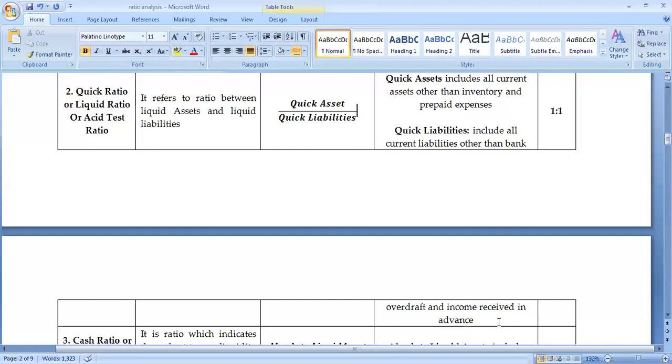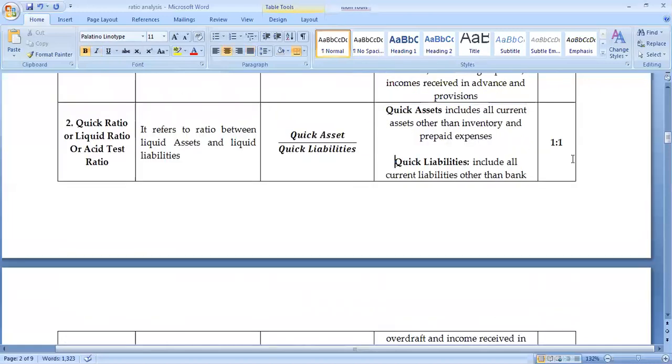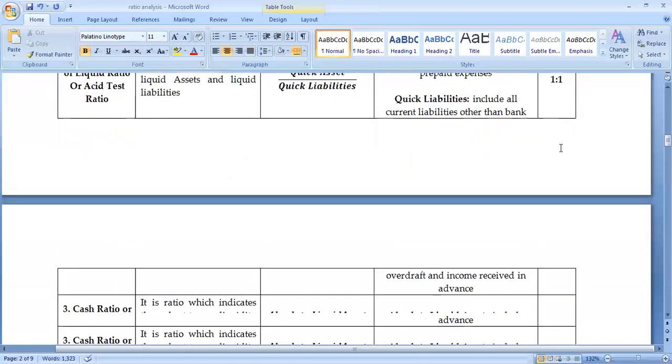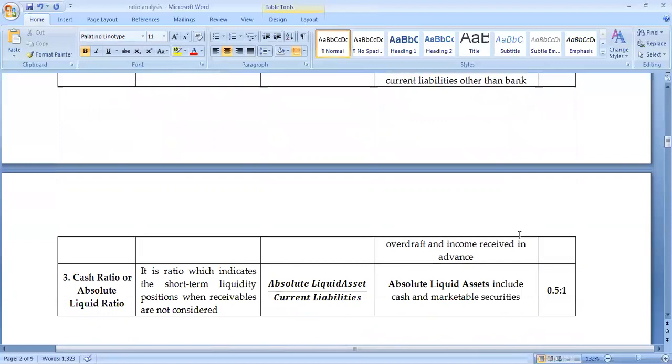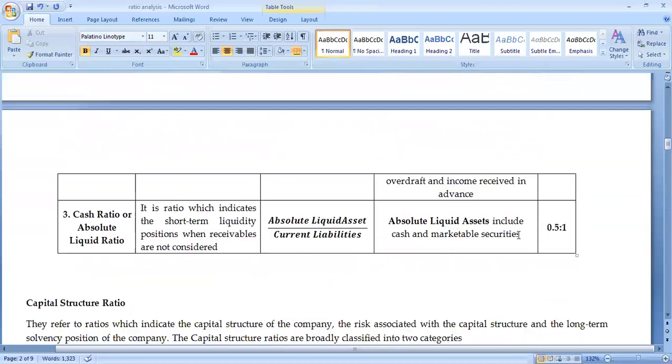Clear? The ideal ratio is 1:1, which shows how the financial soundness of a business concern is analyzed here.